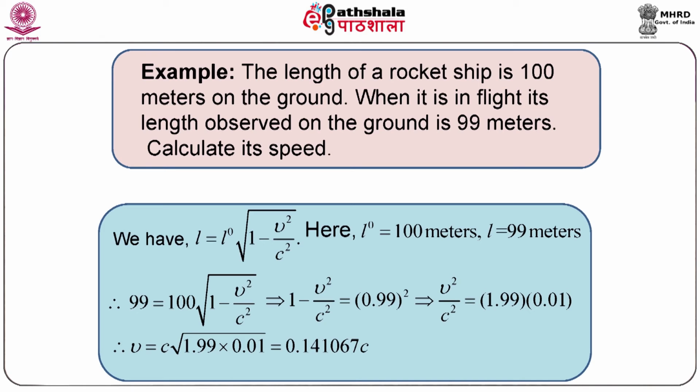That is, we have v square by c square equal to 1.99 and 0.01. This is a plus b, this is a minus b. Thus, finally, taking the square root, we have v equal to this quantity. C is the speed of light as usual.